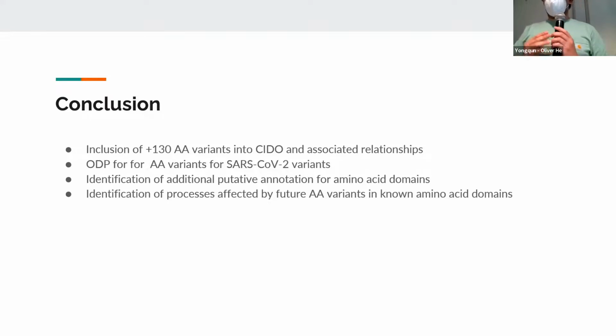We provided additional quantitative annotation for some novel amino acid domains that can be done to UniProt or guide further research when it comes to SARS-CoV-2 related vaccine work. And we also provided specific processes or domains that we can use to predict the effects of individual mutations or future amino acid variants of SARS-CoV-2.